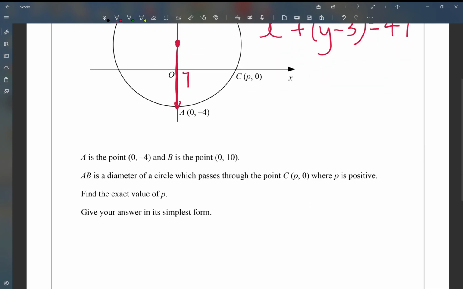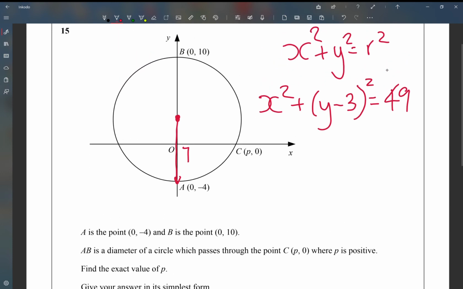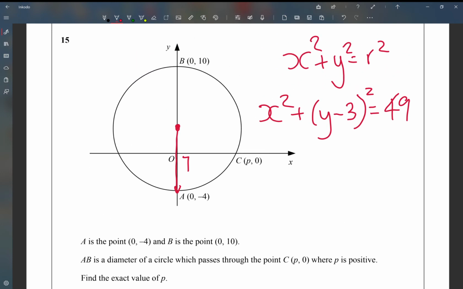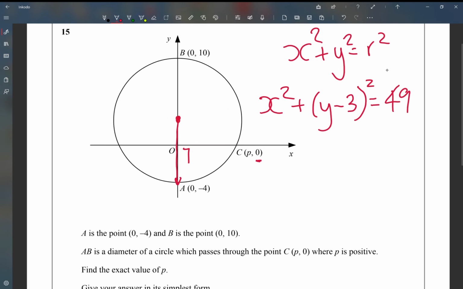So what do we actually want to do? We want to know when y is 0, what is the value of x? Finding this information is actually the biggest thing in this.